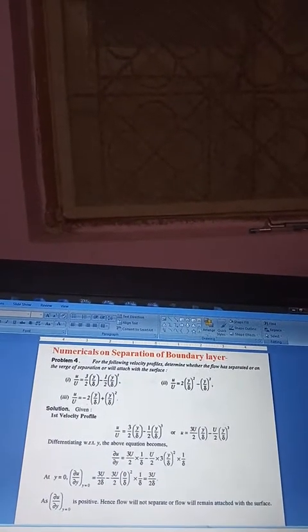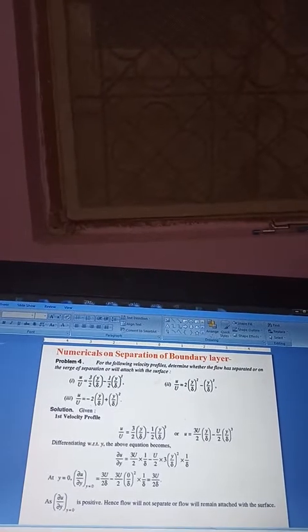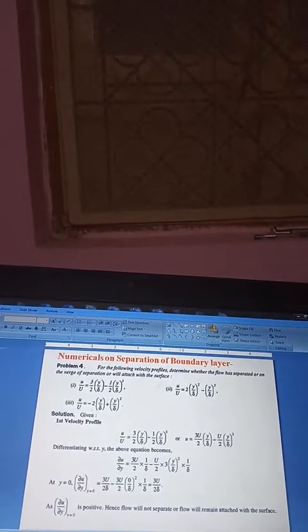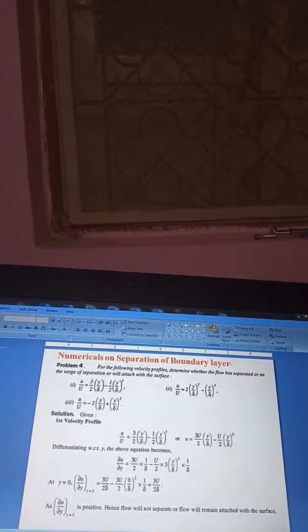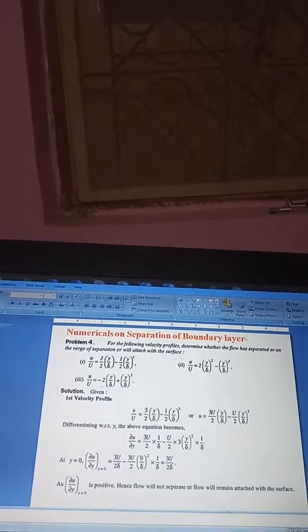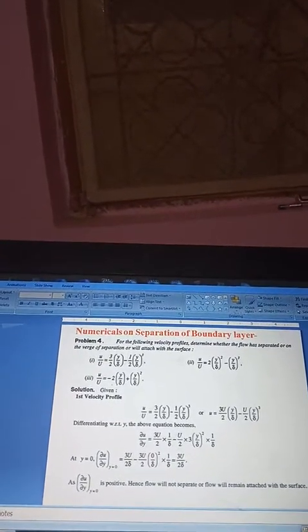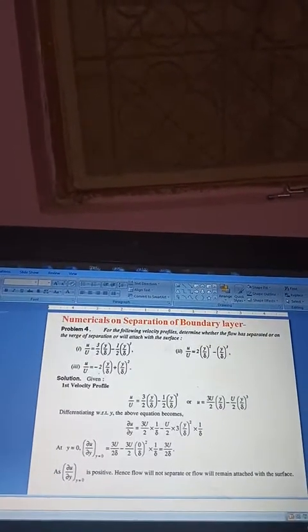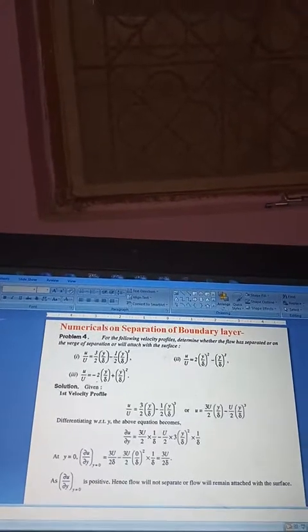First, it is given u/U = 3/2 (y/δ) minus 1/2 (y/δ)³. Second, u/U = 2(y/δ) minus (y/δ)². Third, u/U = minus 2(y/δ) plus (y/δ)². Again, this is very simple.